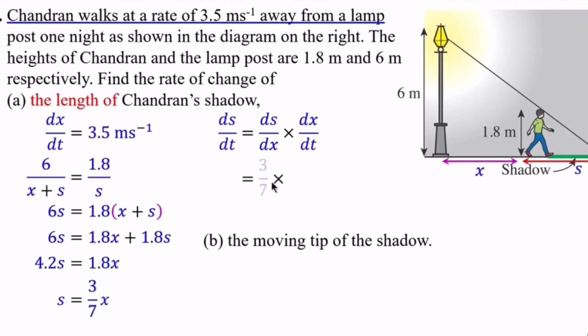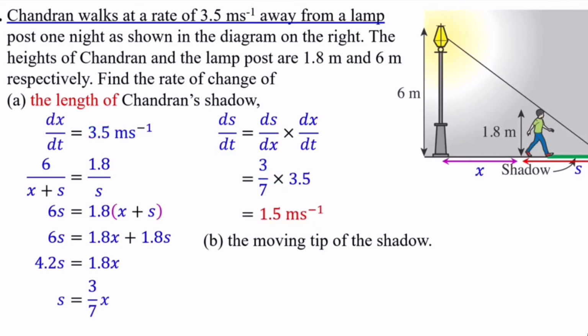That means s changes with x by the constant 3 over 7, and dx/dt was given as 3.5. So the rate of change of Chandran's shadow is 1.5 meter per second.